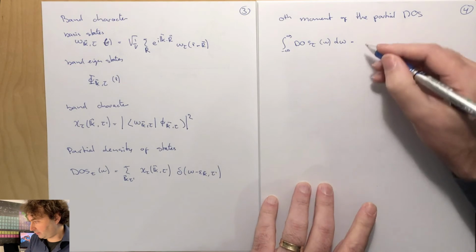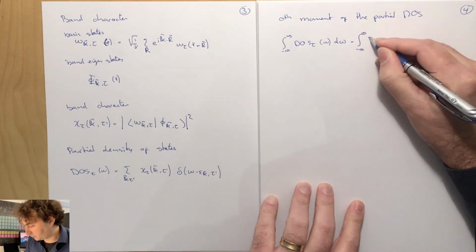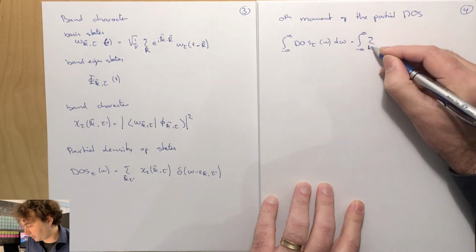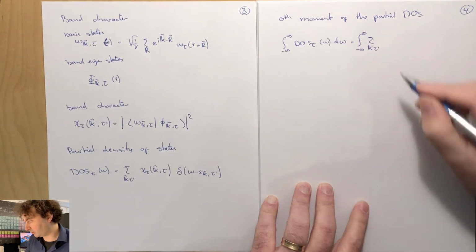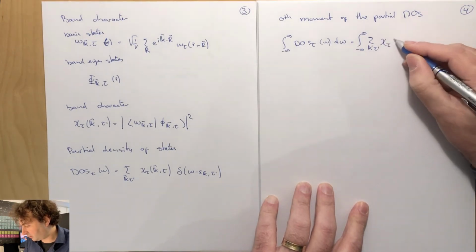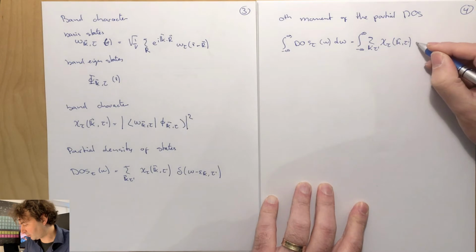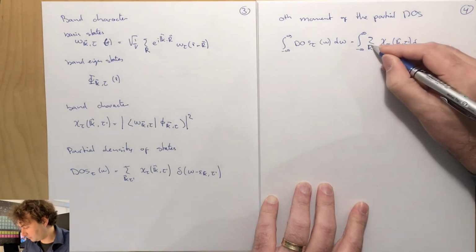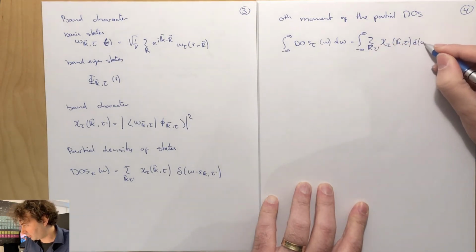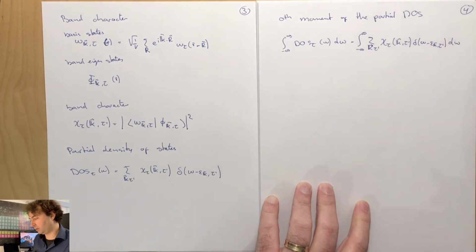Now we can put in the definition of the partial densities of states, a sum over all crystal momenta, over all band indices, of the character of your eigenstates times a delta function, omega minus the eigenenergy of that state, integrated over frequency.